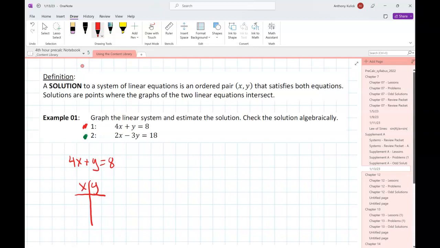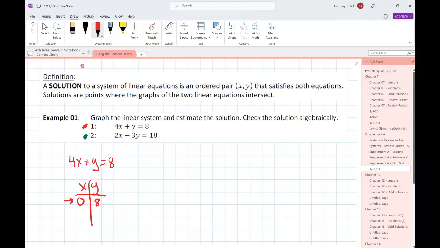Okay. So what I can do is I can pick a value for either x or y, plug it in, and figure out what the other one is. So I guess I'll start by picking 0 for x. When I plug 0 in for x, what do I get for y? So 4 times 0 is? So I have y plus 0 equals 8, where it says y is 8.